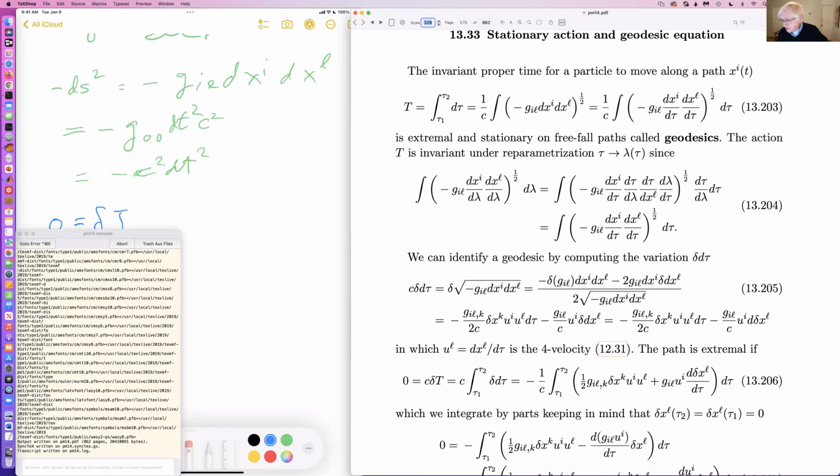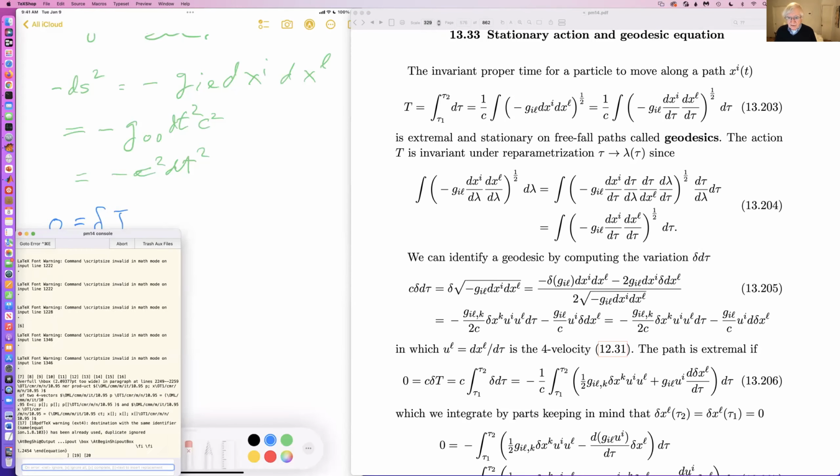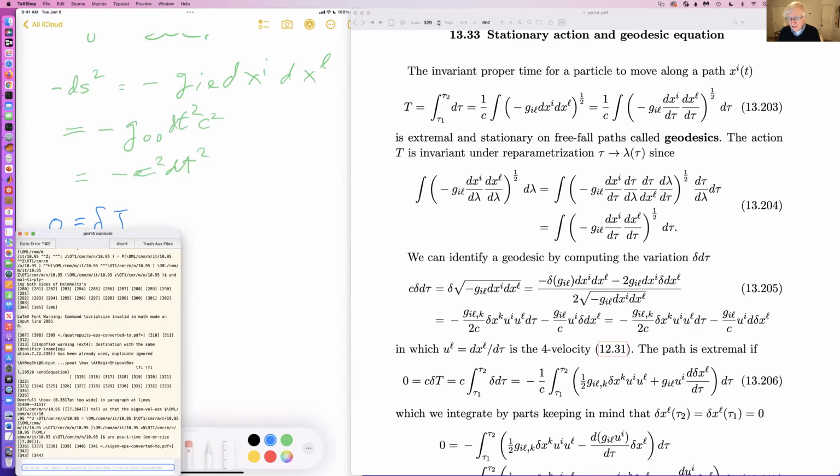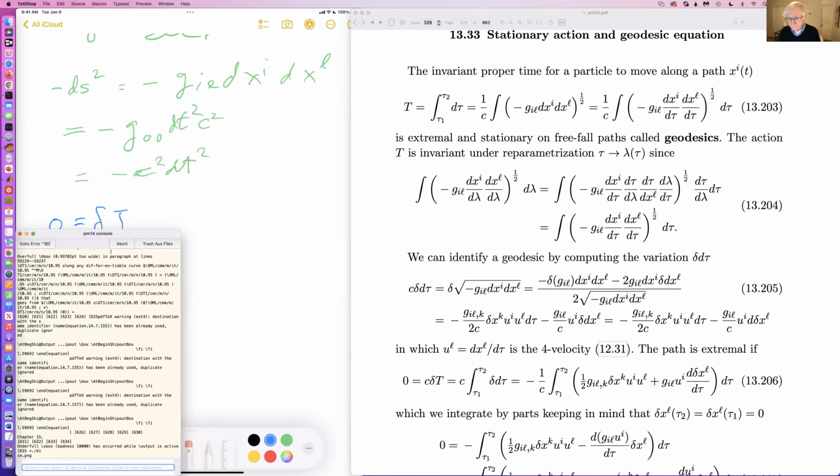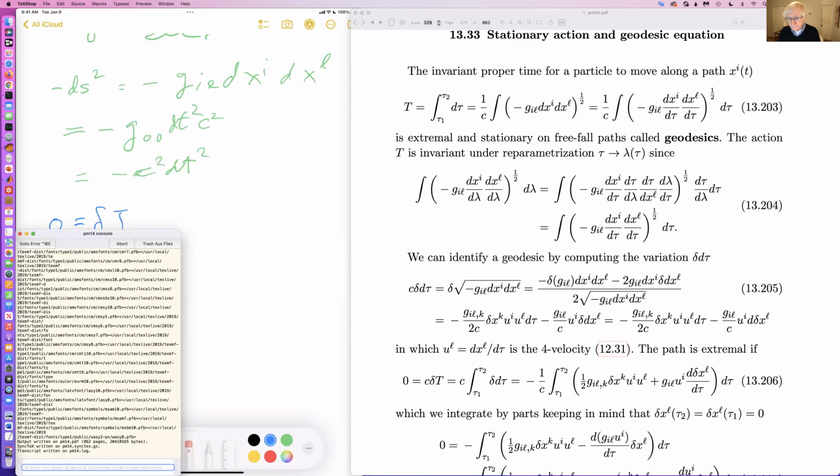All right, well, this was clearly stupid. So this is a little better. And then this last one has to be d/d tau d lambda, d/d tau d lambda.